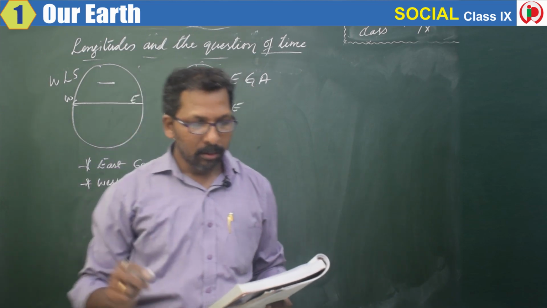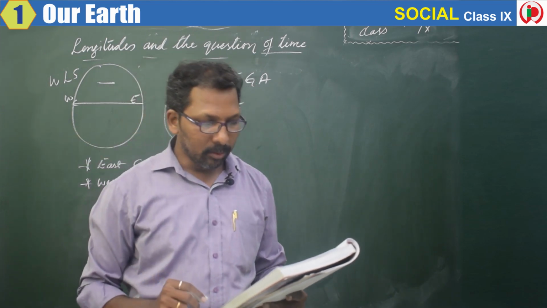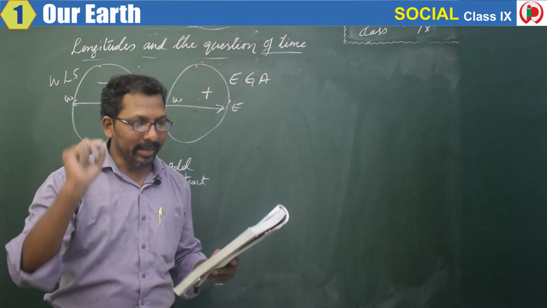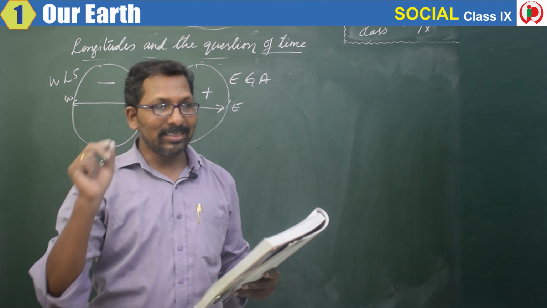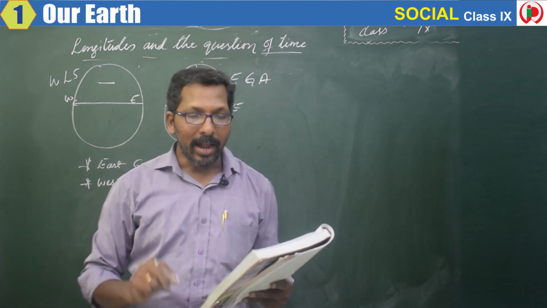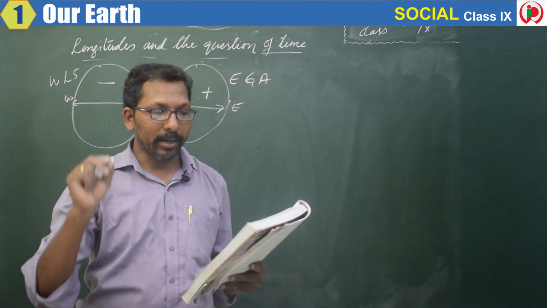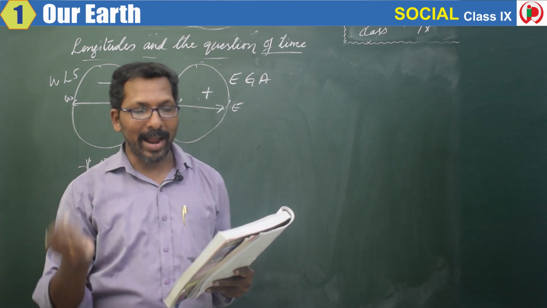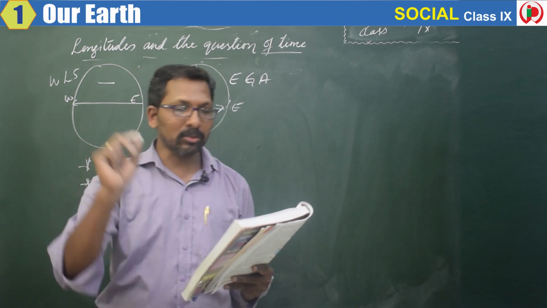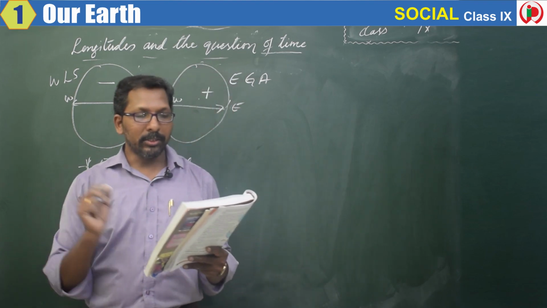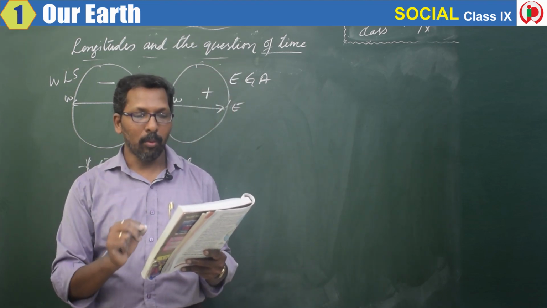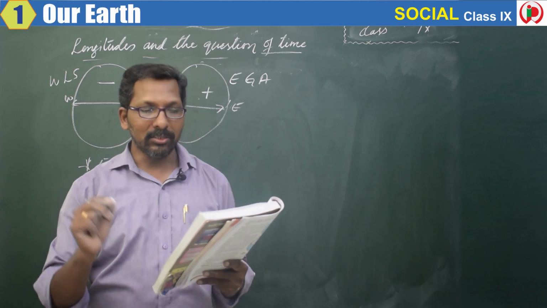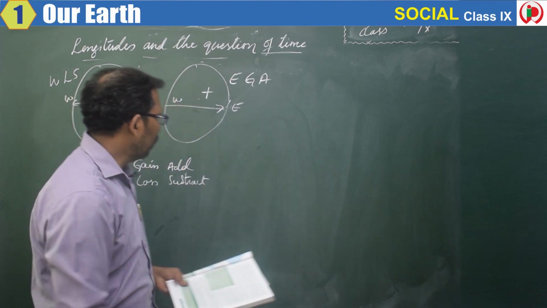For example, when it is noon, 12 in the day on Monday at 0 degrees longitude, it is midnight, 12 o'clock at night, at the opposite longitude, that is the anti-meridian, just to the west of 180 degrees. Tuesday is just beginning while Monday is just ending here.